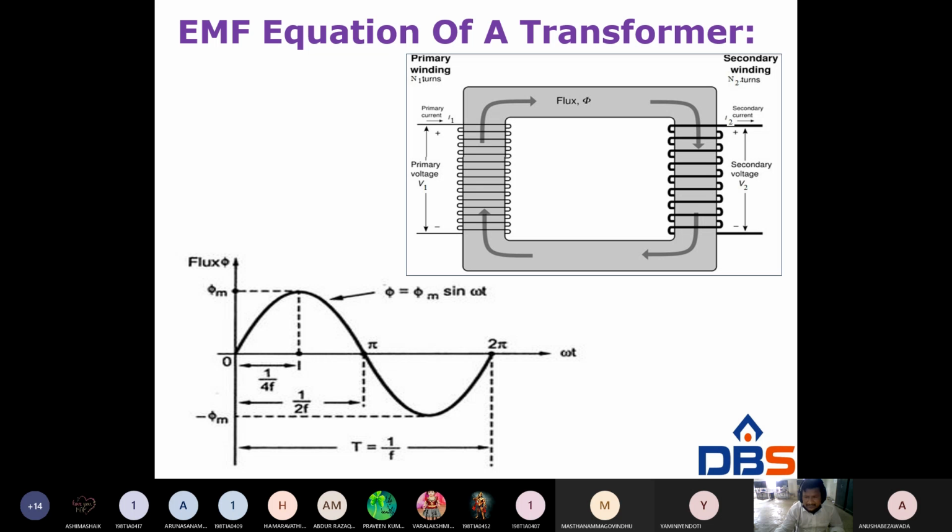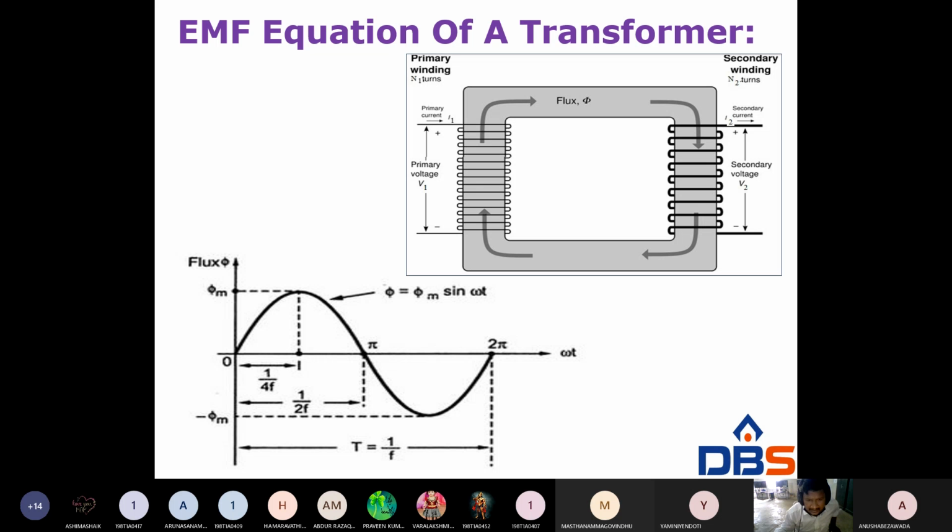Why? Because the change in flux is nothing but 0. Flux is 0 at 0 and at pi, so there is no change in flux there. That's why I am taking pi by 2, that is nothing but a quarter cycle. So here flux is 0, but here phi m. So here there is a change in flux, right?